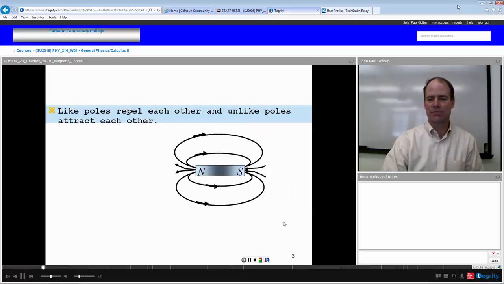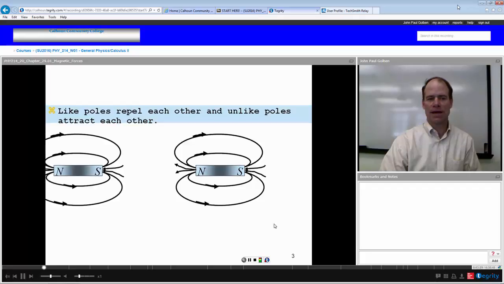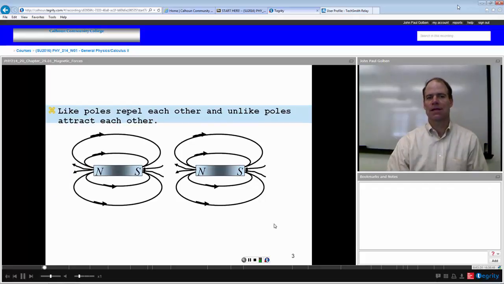Here's a magnet with a north and south pole, and here's another magnet with a north and south pole. Like poles repel each other, and unlike poles attract. As we look at any particular magnet, we have magnetic field lines emanating from the north pole and terminating on the south pole.